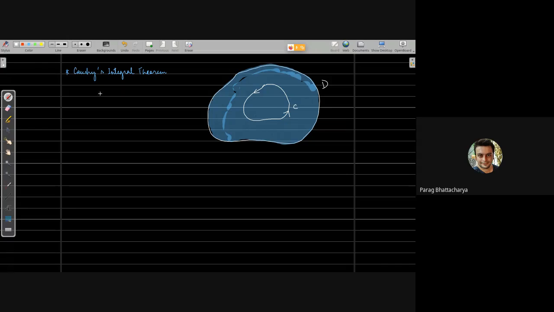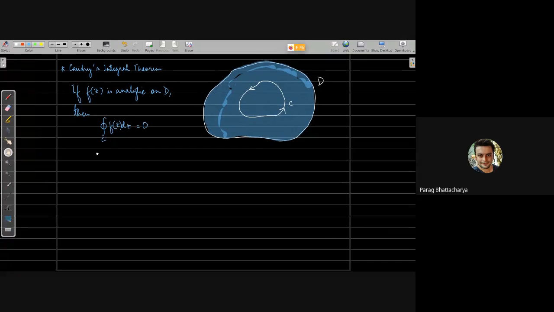The curve is C. The Cauchy integral theorem says that if the function f of z is analytic on D, then as per the Cauchy's integral theorem, the closed line integral over C of this function f of z dz will be equal to 0. So that's your Cauchy integral theorem.